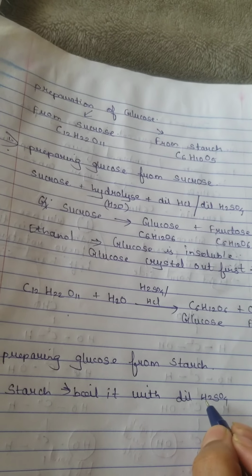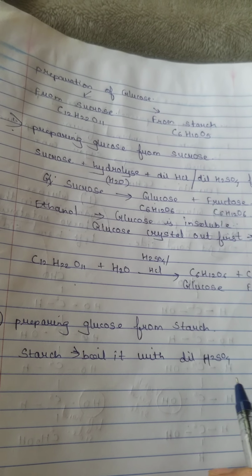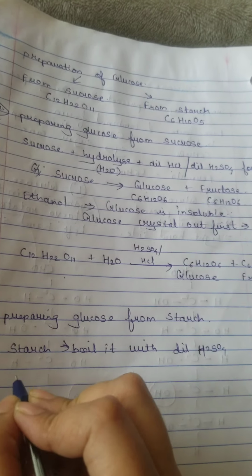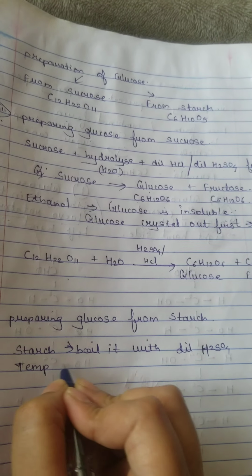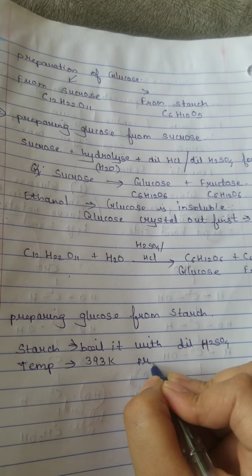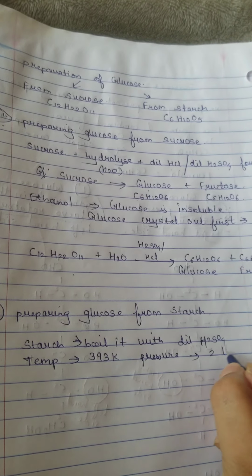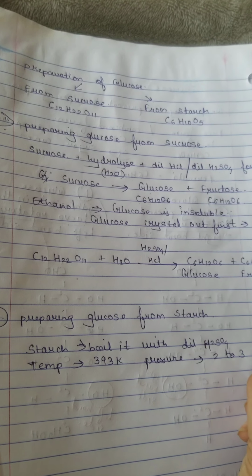You are going to take your sulfuric acid and you will be adding water to it, so you are going to make it dilute. So this is H2SO4. Now there are some criteria that are required, that is temperature should be 393 Kelvin, then pressure should be 2 to 3 atmospheric pressure.